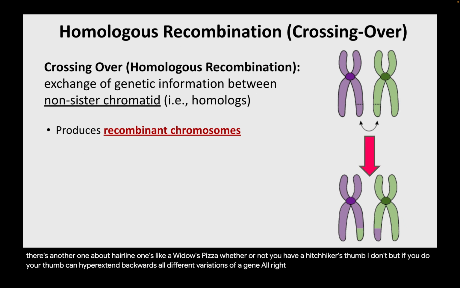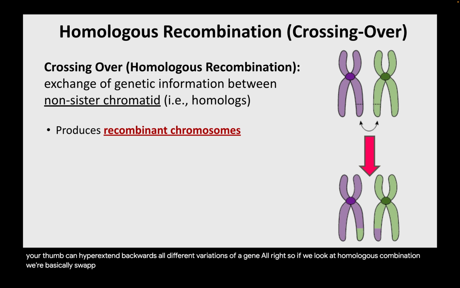All right. So if we look at homologous recombination, we're basically swapping around our alleles between pairs. Homologous recombination only happens between homologous chromosomes, not between sister chromatids.